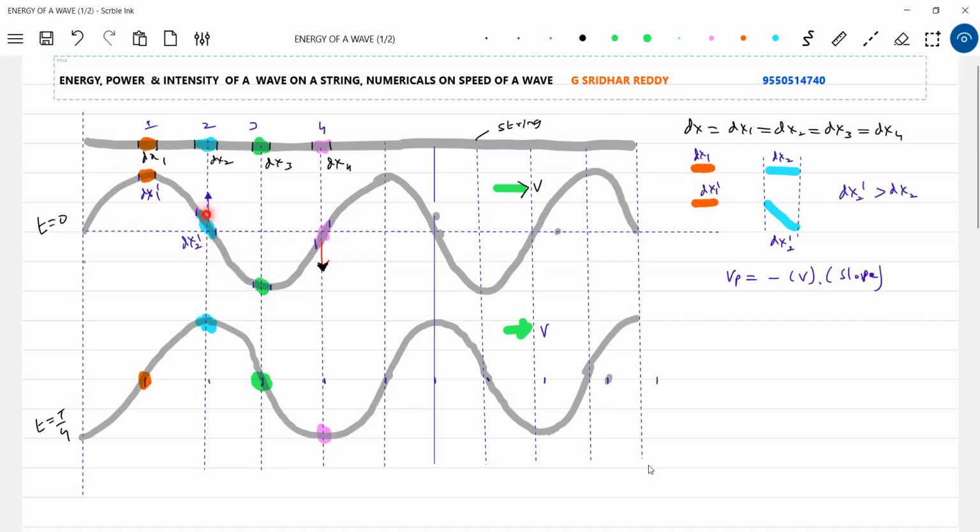Okay, that's one basic idea. If you look at the books, they have a very simplified diagram.